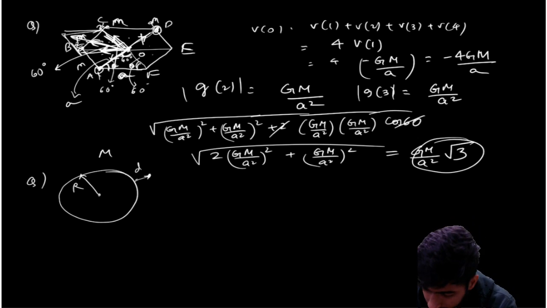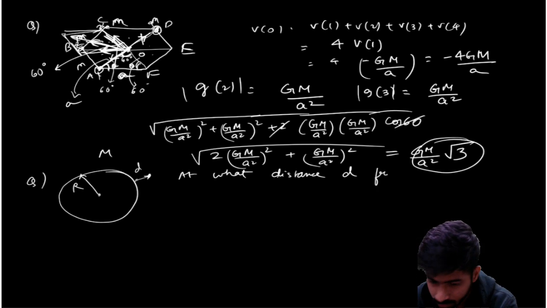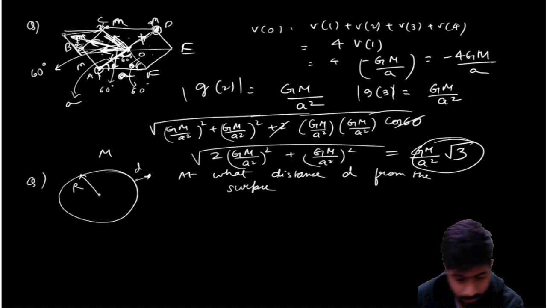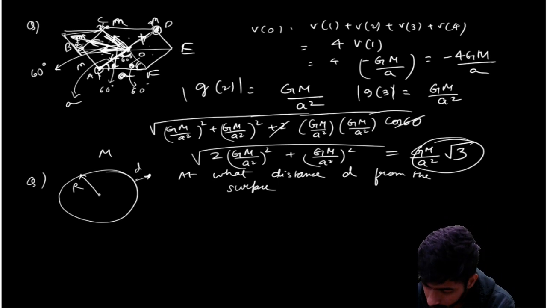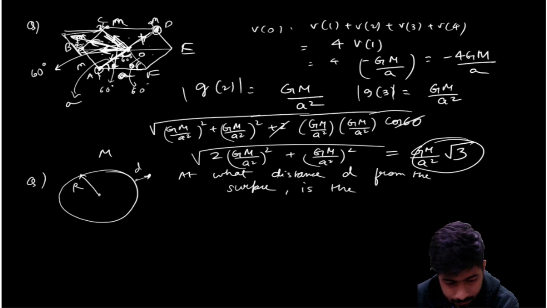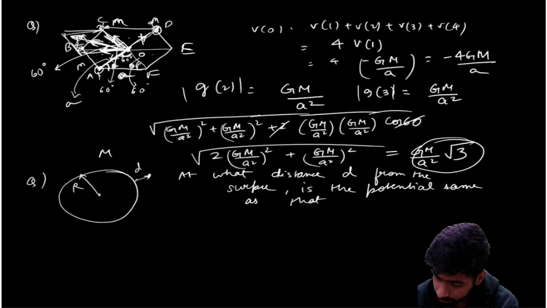The question is, at what distance d from the surface is the potential the same as that at r by 2 from the center?